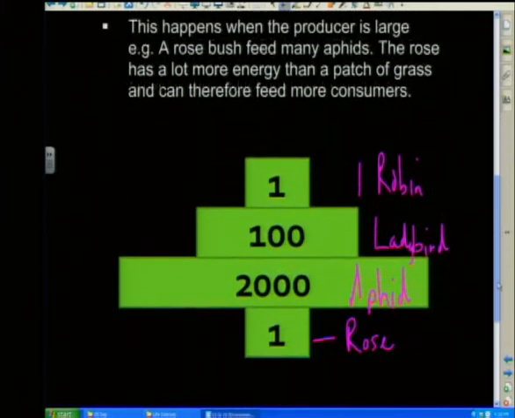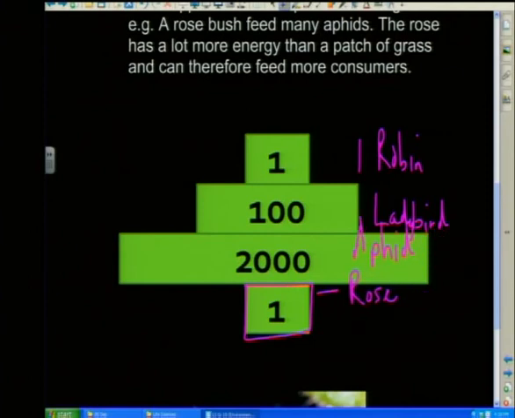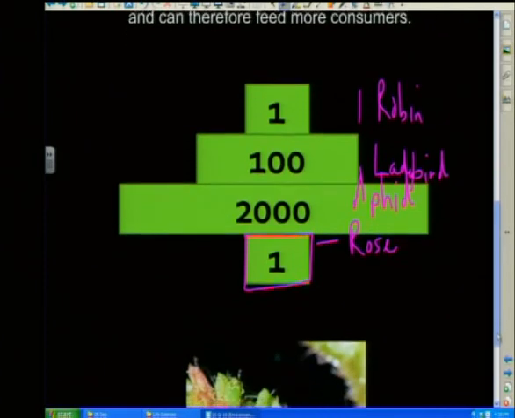If we look at this pyramid, it has an unusual shape, only because, similar to the baobab tree, we're calling the rose plant one organism, and here we refer to the aphids as individual organisms, and hence we see that the numbers would gradually change, and the shape of the pyramid would be very different from the conventional pyramids that we see.